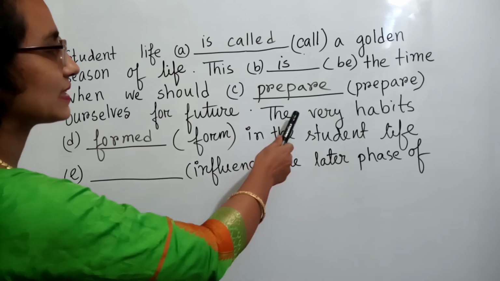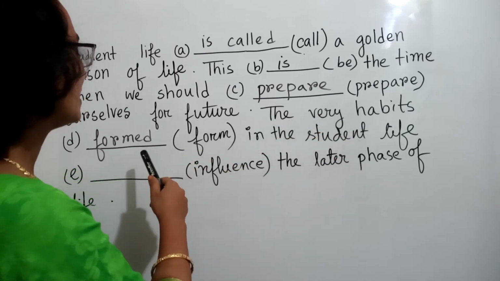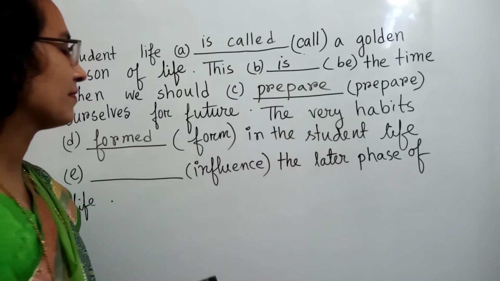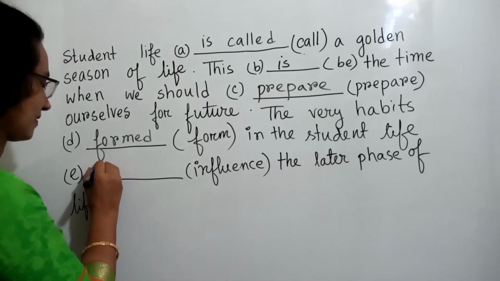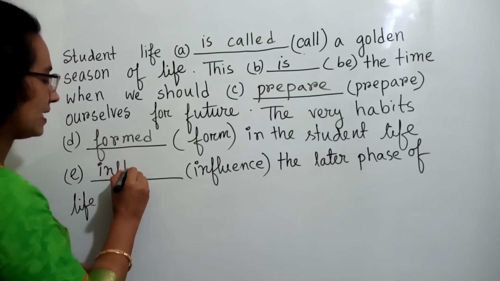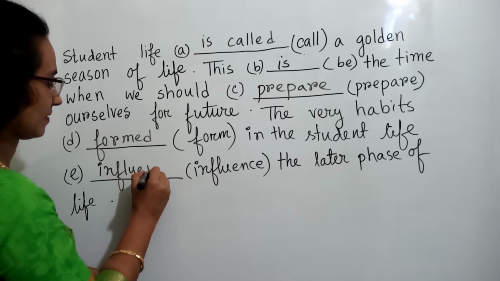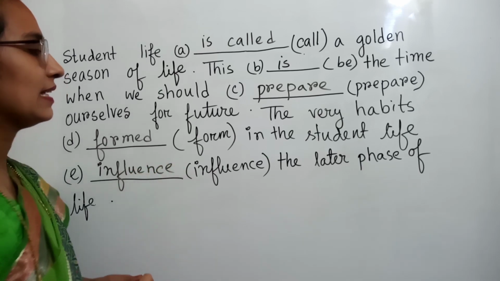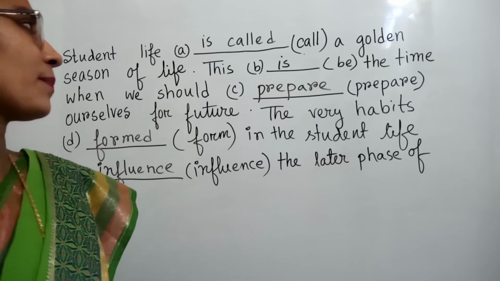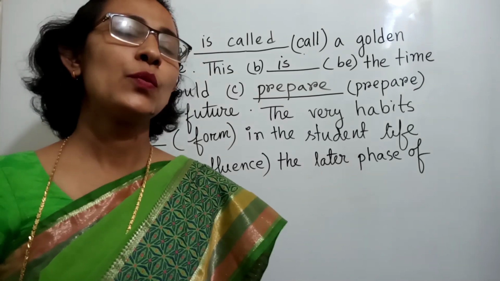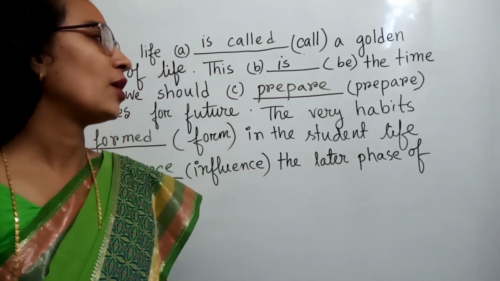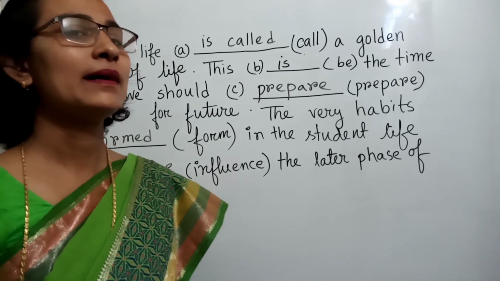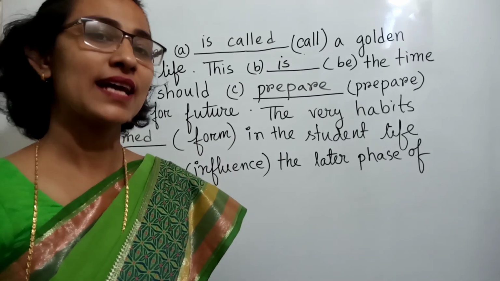So the sentence is: the very habits formed in the student's life influence the later phase of life. In this way we can solve the passage by using the right form of verb.